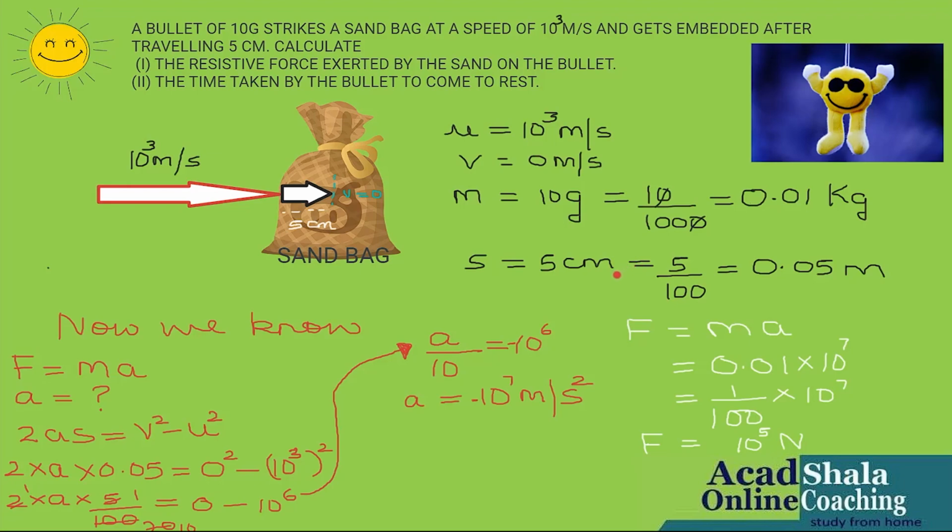Now they have given 10 to the power 3 meter per second. That means it is the initial velocity of the bullet, u. That means when it started, 10 to the power 3 meter per second. But after getting embedded into the sandbag, it stopped also. So that means the final velocity was 0 meter per second.